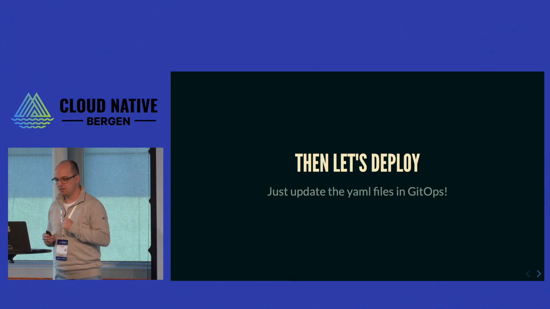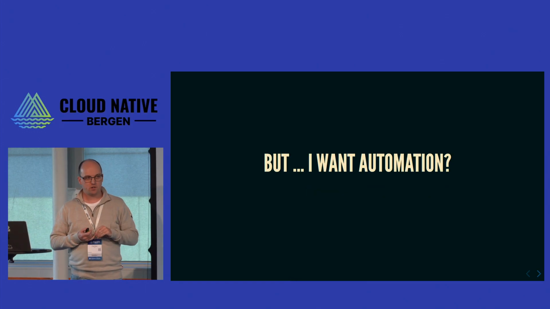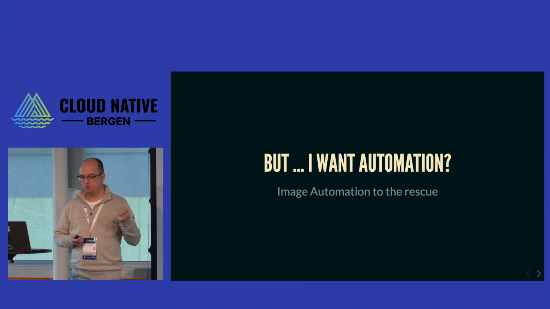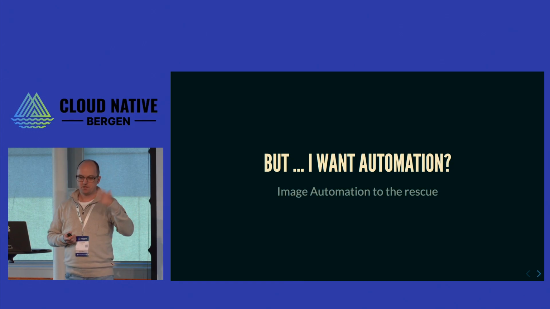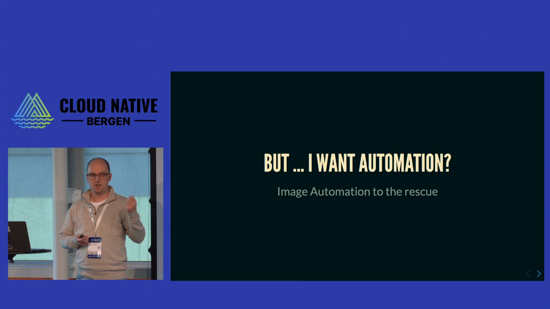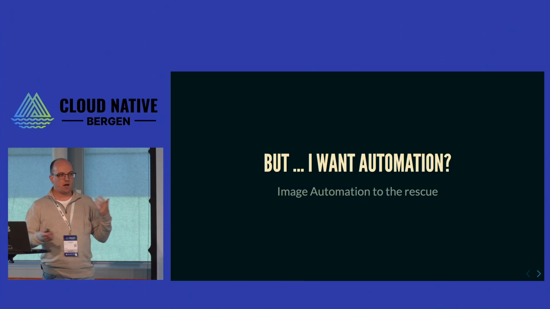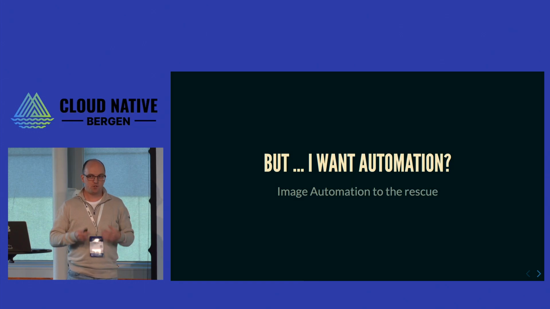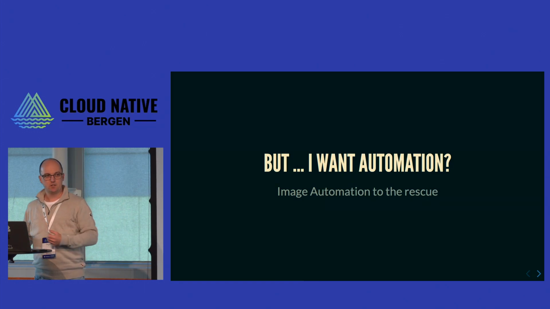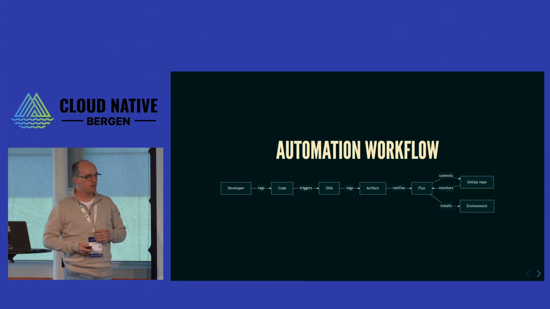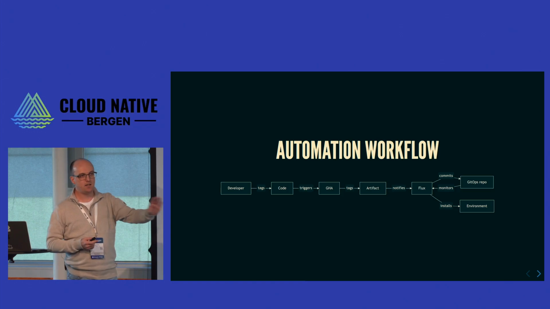You want one-click deployment. So how can we automate this? Well, both Argo and Flux have these concepts. In Flux it's called the image automation, Argo calls it the image updater. Basically, they monitor your artifact repository, and whenever there's a new artifact, they automatically update the GitOps repo for you. So the workflow becomes just slightly longer.